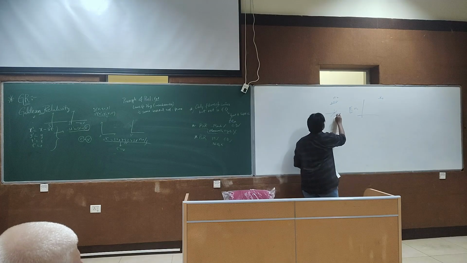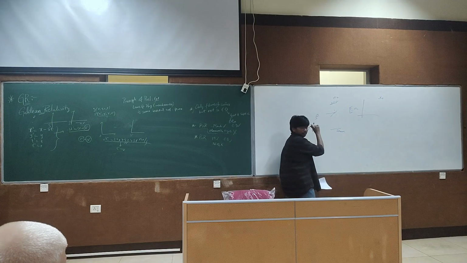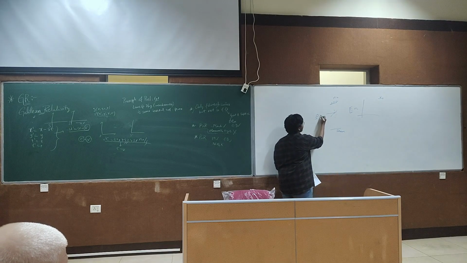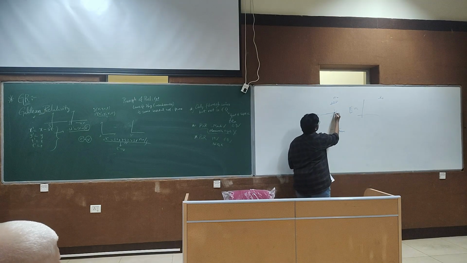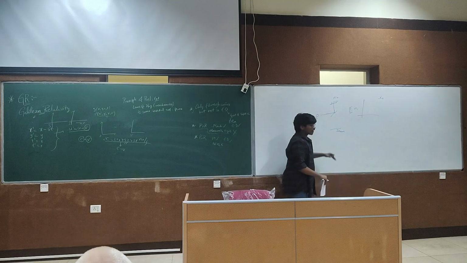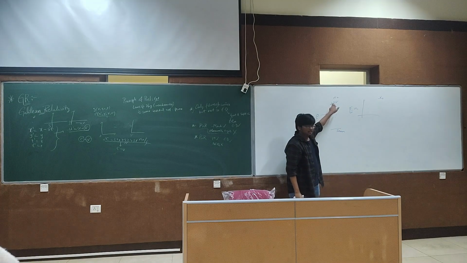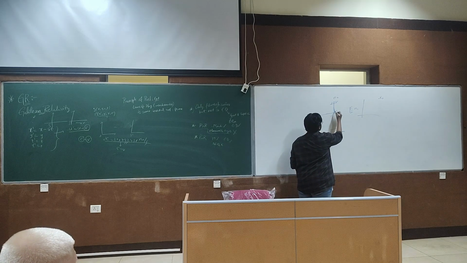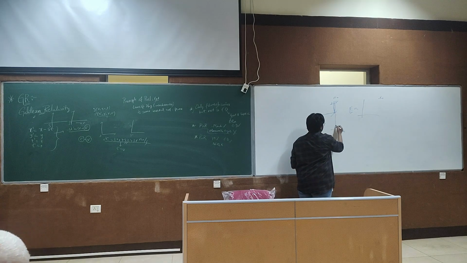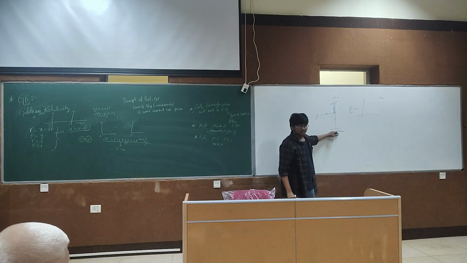So imagine this is a light source which emits, let's say, straight, right? A part of the light emitted by this goes here, gets reflected, and then it reaches here. Fine?